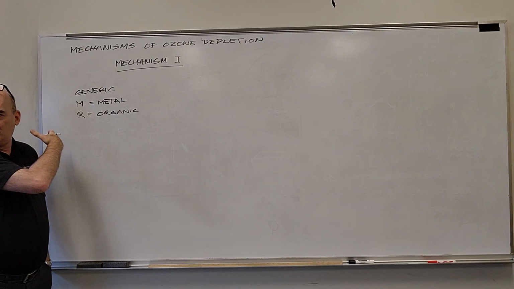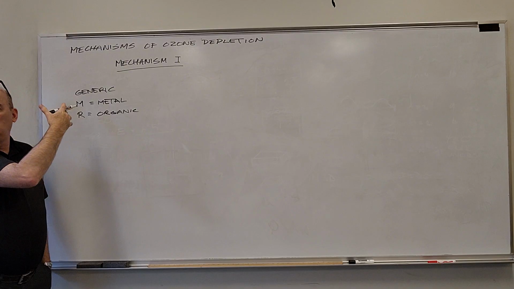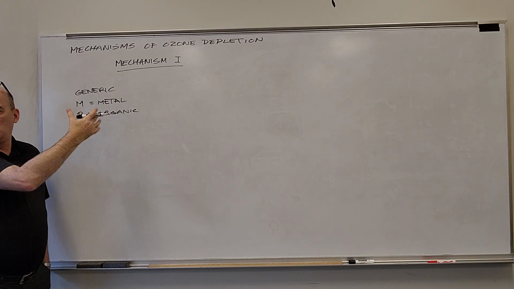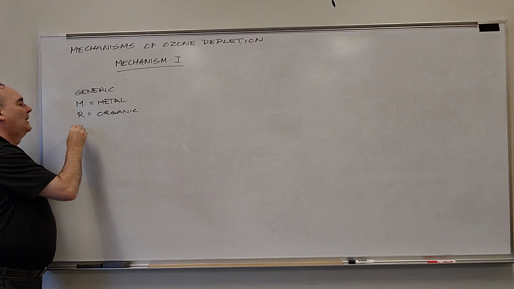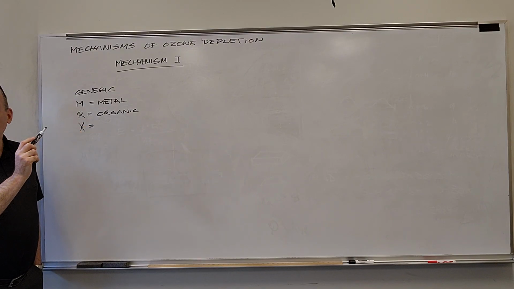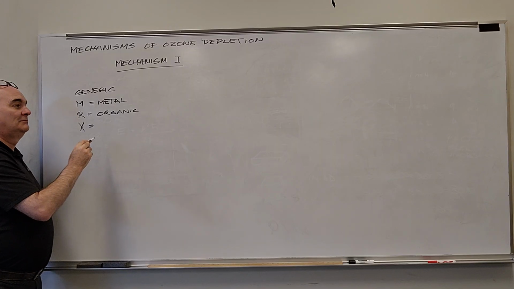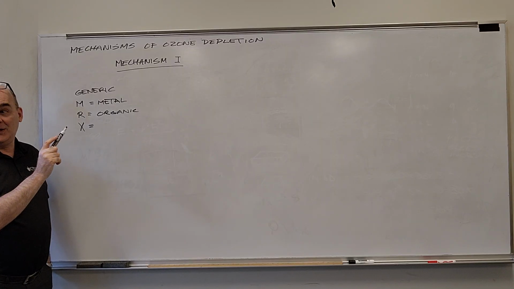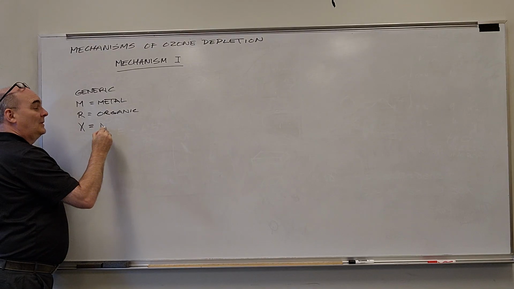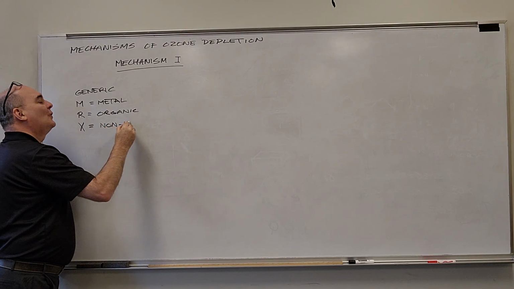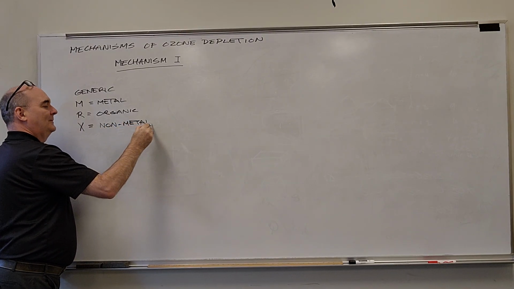It could be one of a billion different carbon, hydrogen containing groups. And then X. X usually means a halogen. But we associate it with non-metals first. So non-metals, I'm going to be so incredibly generic.